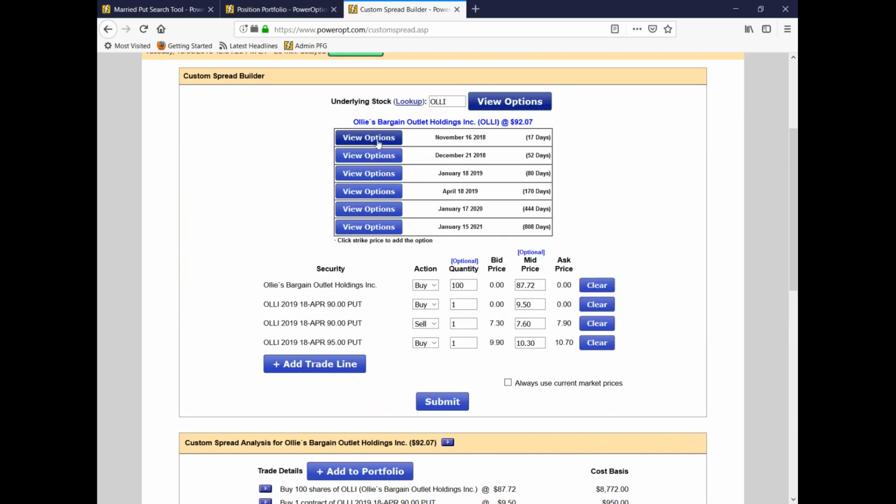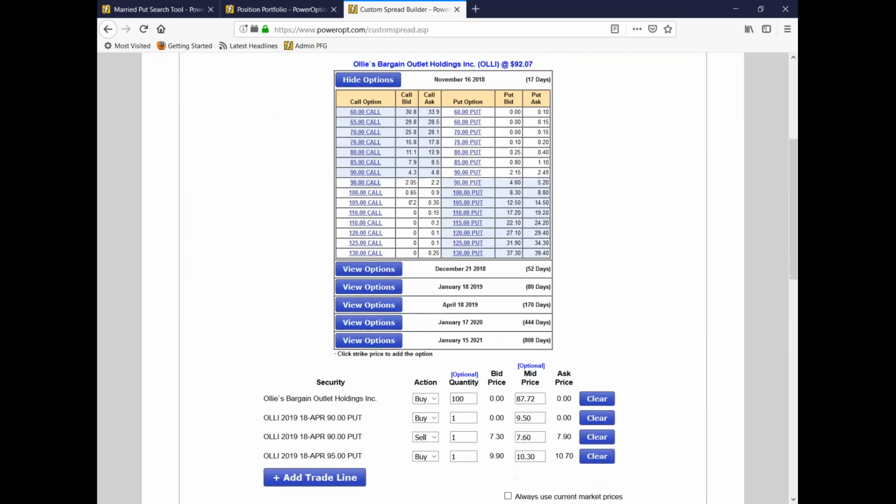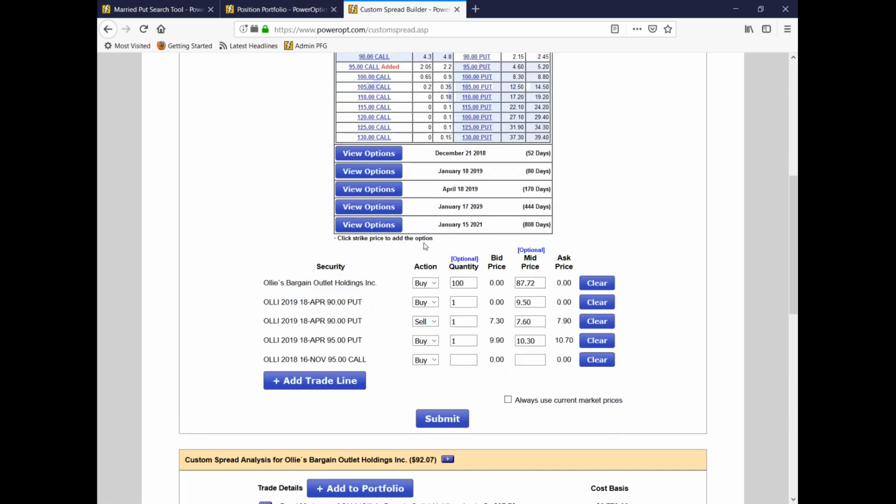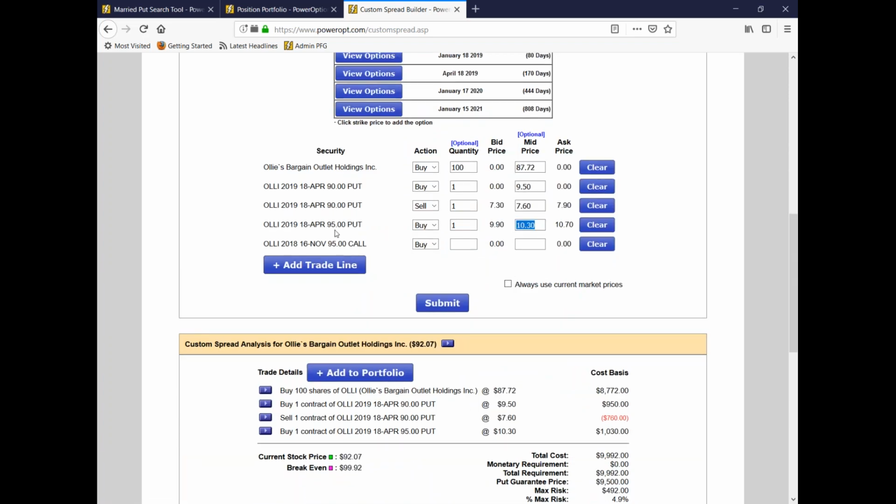But why not reward myself, pay for some of that debit, and now sell the 95 call for 210. So I paid 270 to gain 5 points. I can sell the call now and gain about 210 back. So I'm really only paying 60 cents to gain a 5-point higher guaranteed exit.